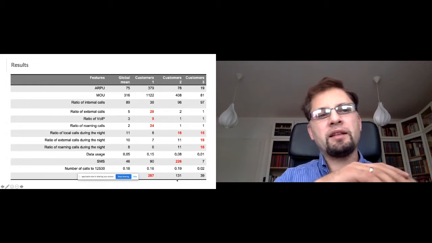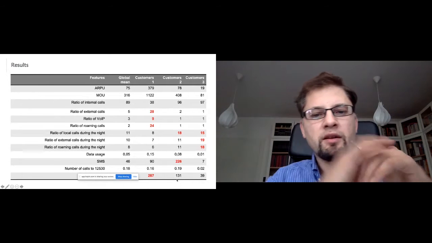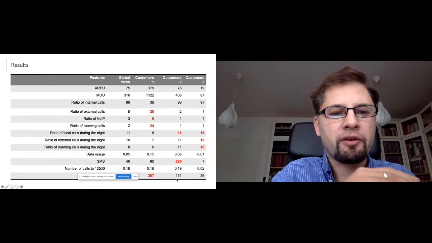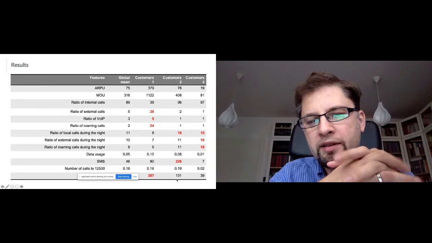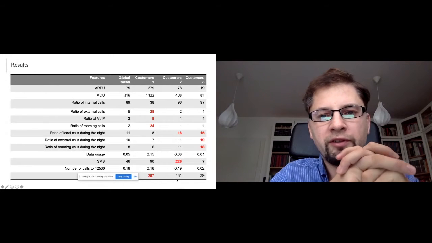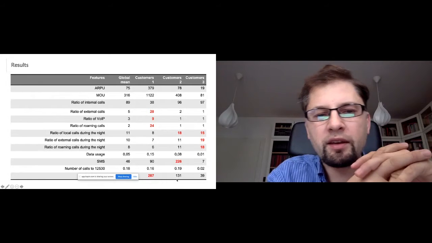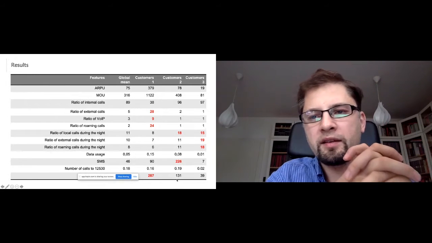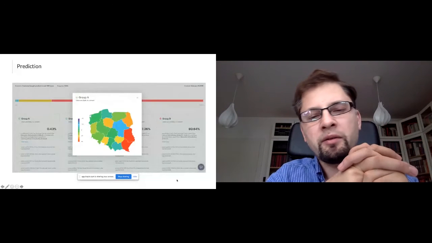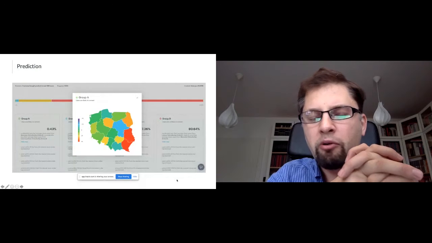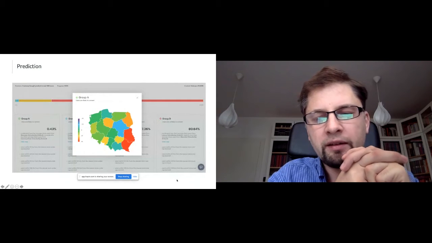We are doing this segmentation not only on customers, but also on other data. I will talk about it briefly in a moment. Prediction. So prediction is a task which is very difficult, but also very rewarding when you solve it properly.